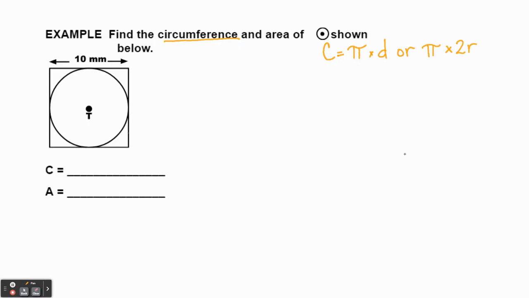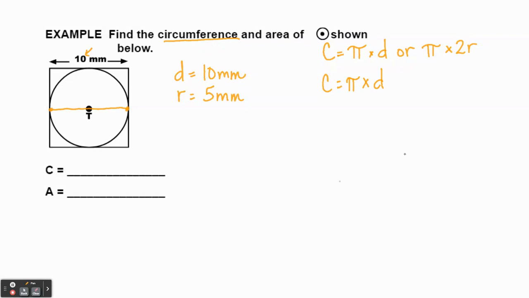So if I look at my circle here, you can see that my diameter, the segment that would go through the center and have endpoints on both ends of the circle, is 10 millimeters. So my diameter here is 10 millimeters. That means that my radius would be half of that, or 5 millimeters. So if I'm going to find my circumference, I'm going to use the easy one. I'm going to use pi times the diameter.